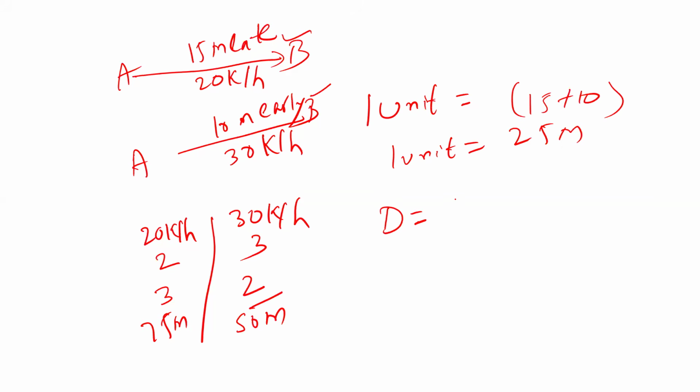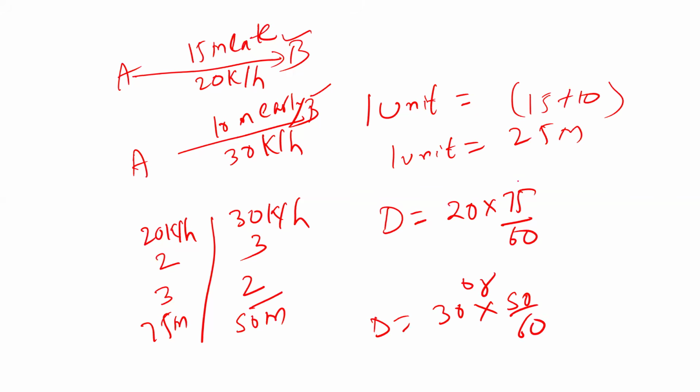Use any one. If you use the left side, speed into time, dividing the time by 60, or distance equals 30 into 50 by 60. Both will give you the same answer, guys. Here also 25, here also 25. Same answer. Now if you compare both, it will be clear for you.